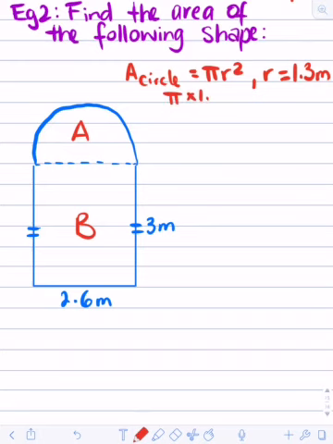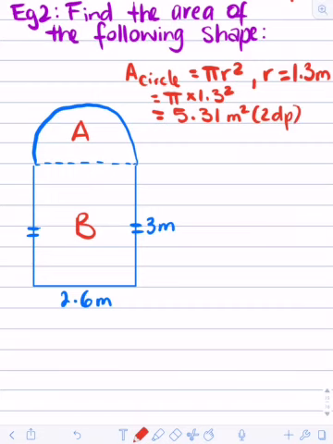Pi times 1.3 squared. Pi times 1.3 squared equals 5.31. 5.31 meters squared, 2 dp.